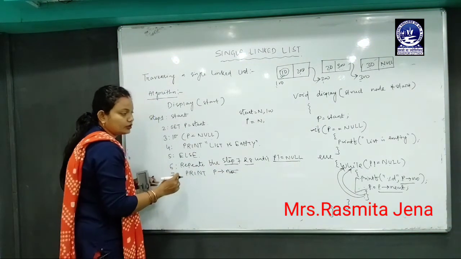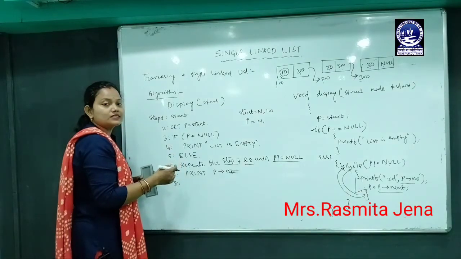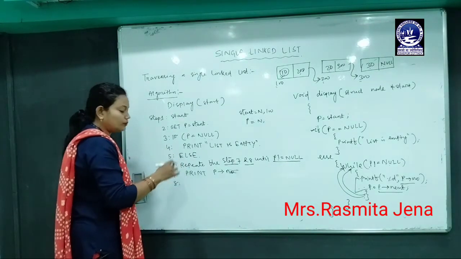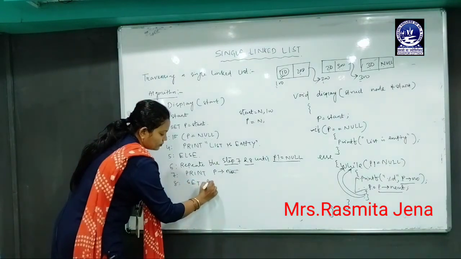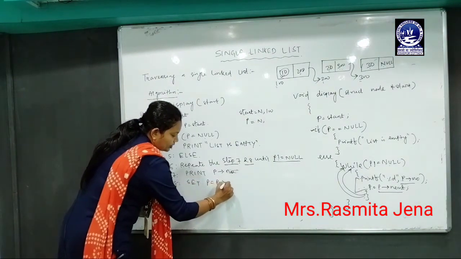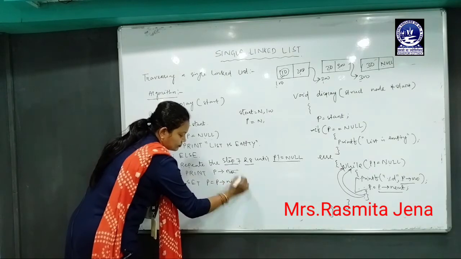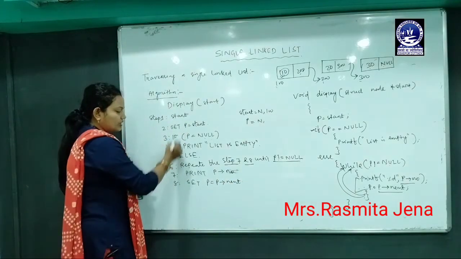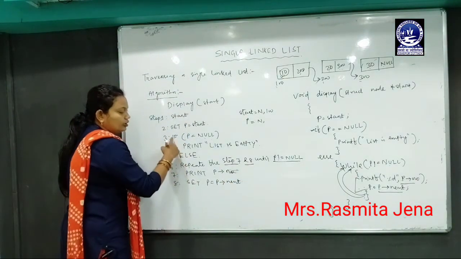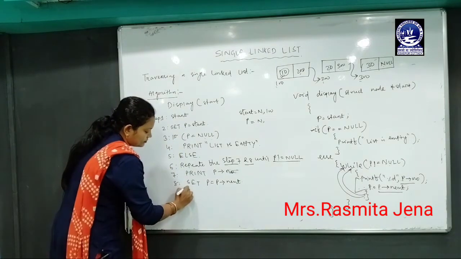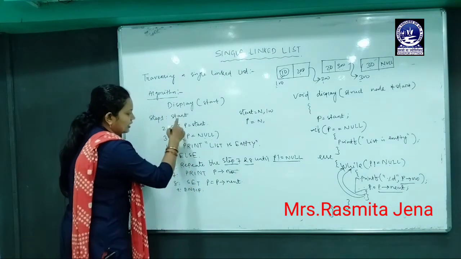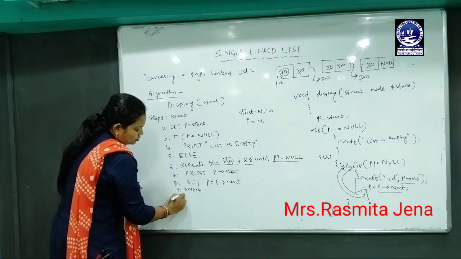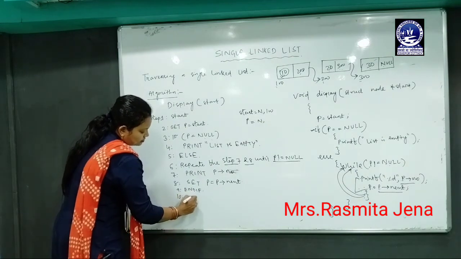In step 8, we will set the next node address to the pointer variable P. So set P equals to P next. Then end of the if statement. End if. Then next end of the algorithm. Stop.